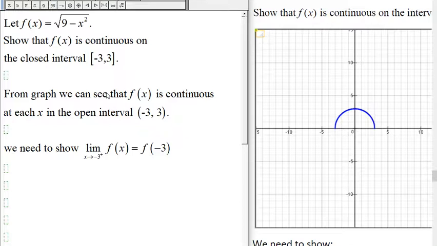So this is part 1. We have to show that the function is continuous everywhere in between, for every x between negative 3 and 3, meaning you look at the graph, no gaps, no holes in between negative 3 and 3. And then we have to check the two endpoints, negative 3 and 3, by showing this.